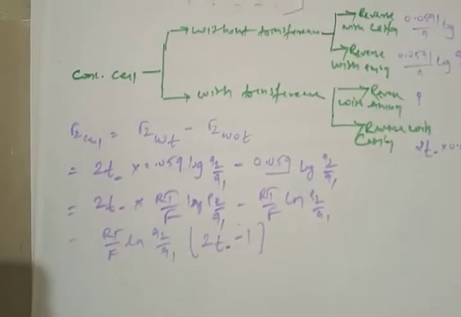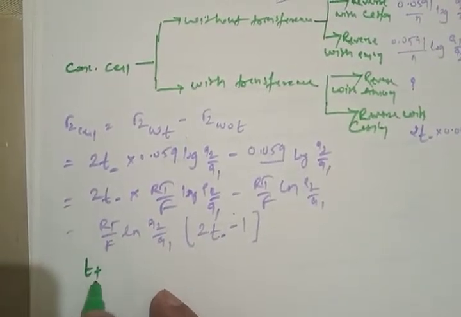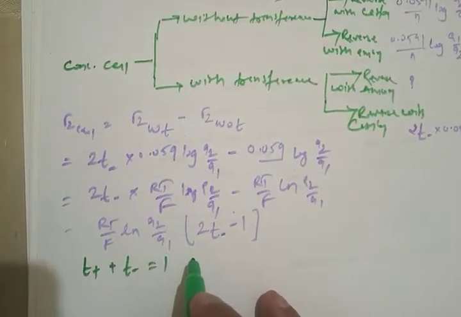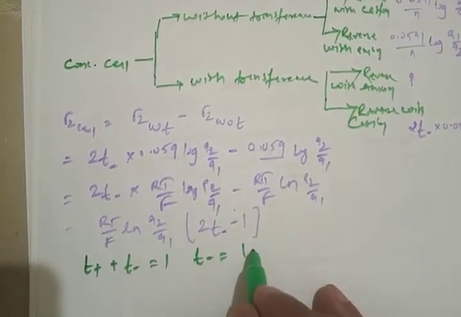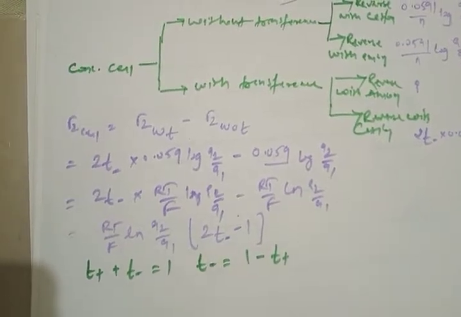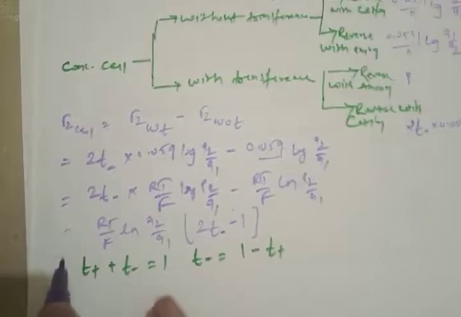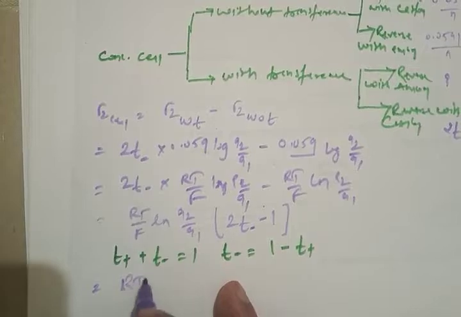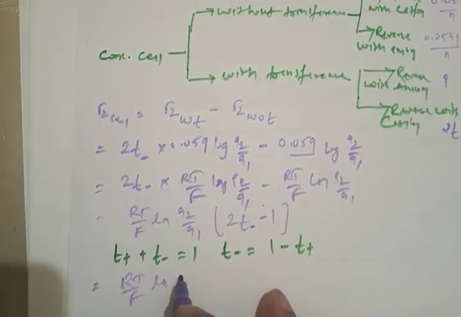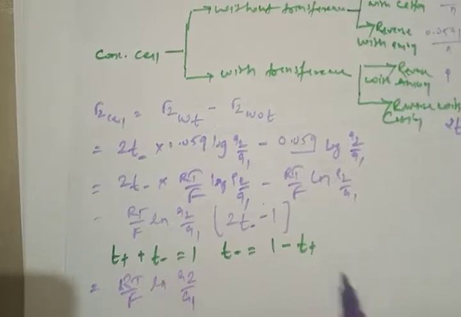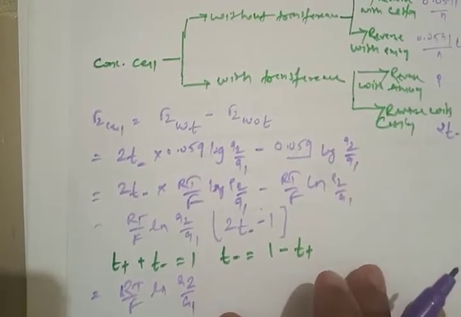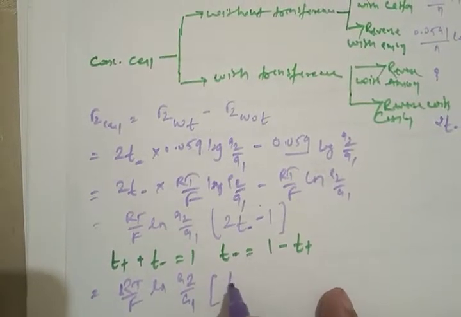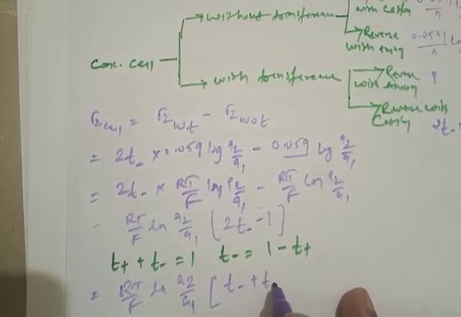We know that t plus and t minus equals 1, so t minus equals 1 minus t plus. We put this here: RT upon F ln A2 upon A1, and this 2t we can write as t minus and t minus.